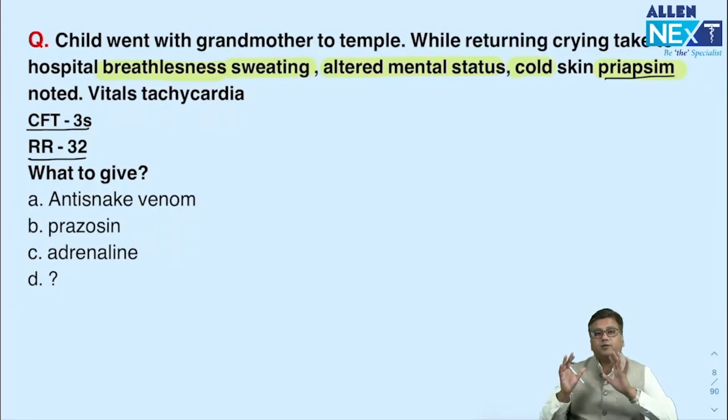The question asked what treatment should be given. If you want to see what treatment could be given to this child in the question, we first have to identify what could be the reason for this sudden health status of this child. So it looks like, because nothing else has been given in the question, no trauma, no RTA, nothing else, it looks like the child has been intoxicated and acute intoxicating findings are present, right? But again, in the question, it was not given that the child has eaten something.